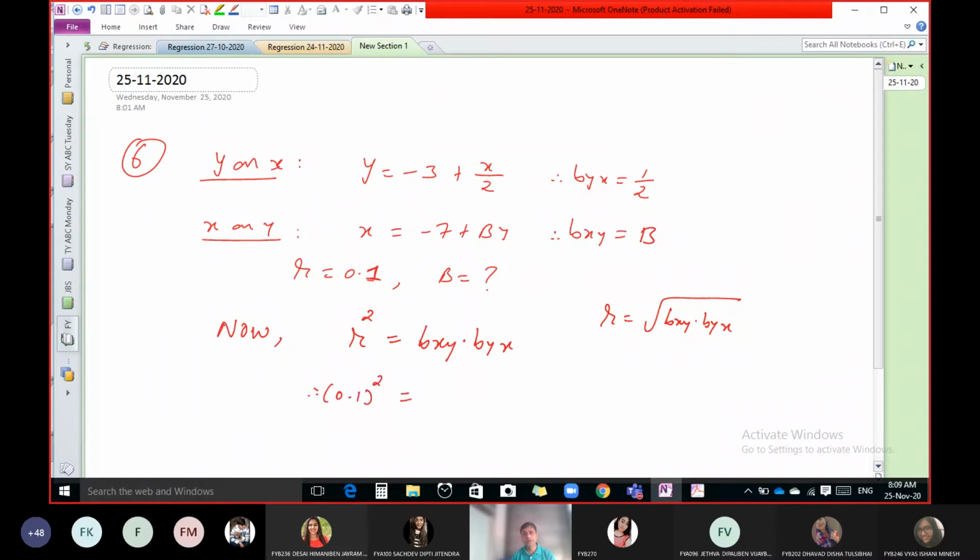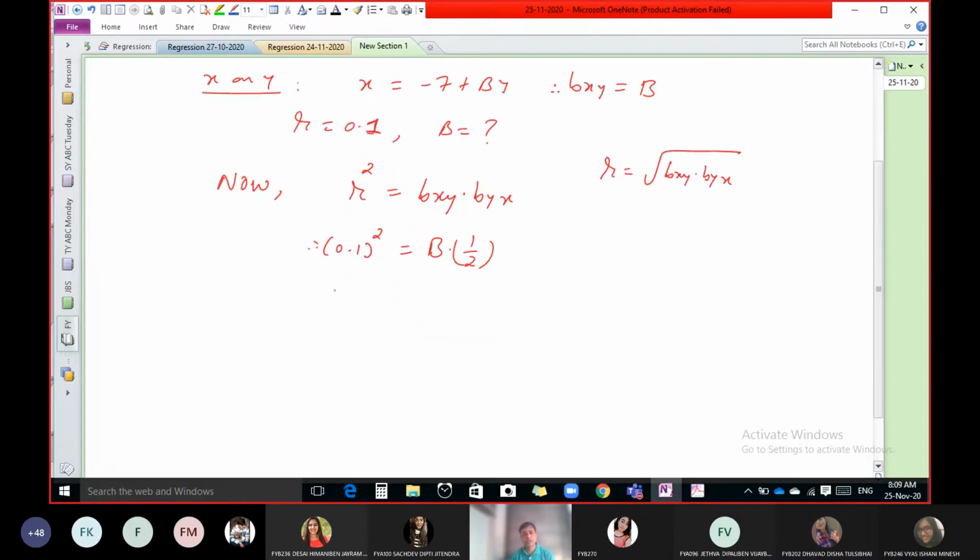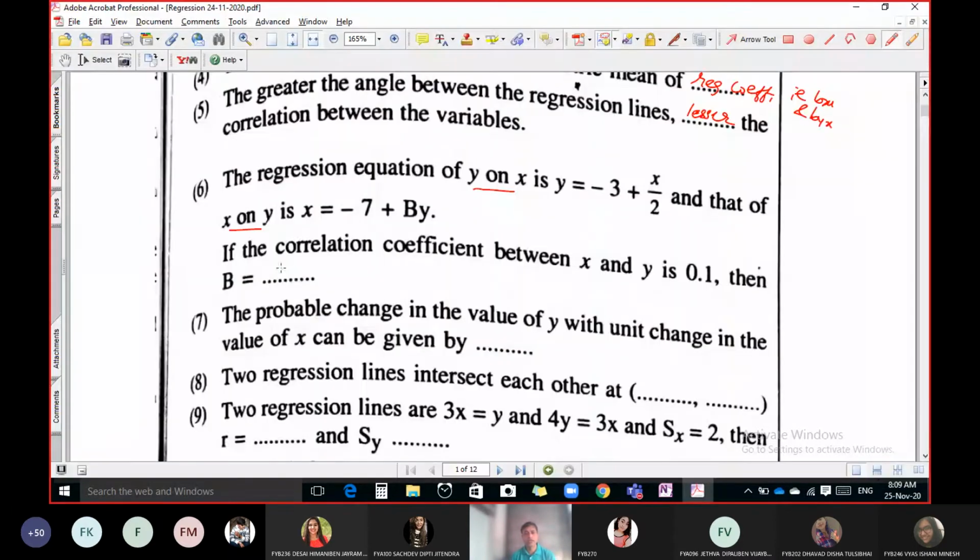So 0.1 square equals bxy, which is capital B, into byx, which is 1 by 2. Now the square of 0.1 is 0.01, and this is nothing but b upon 2. Take 2 to this side, so we get b equal to 0.02. So this is our final answer.